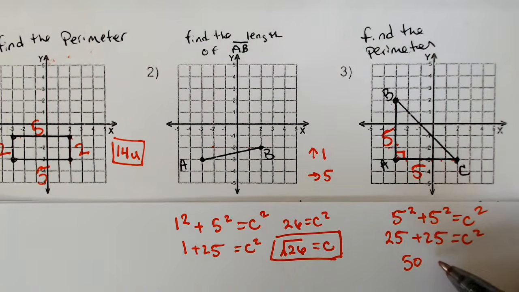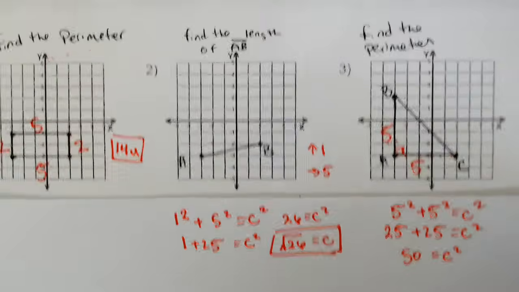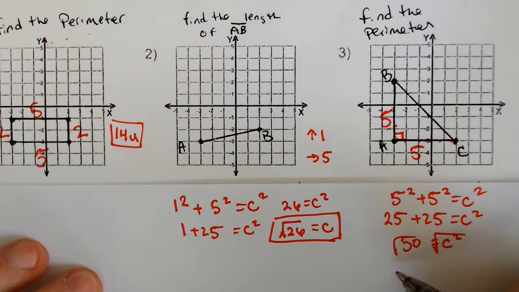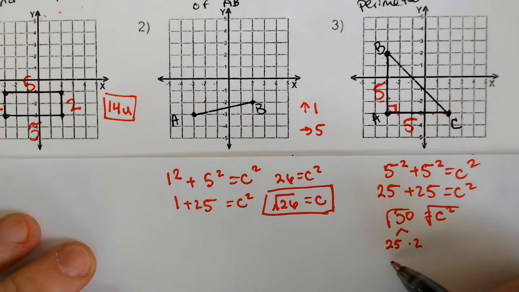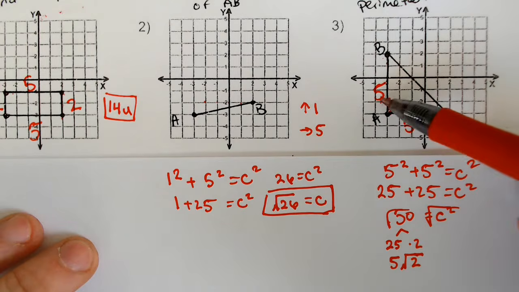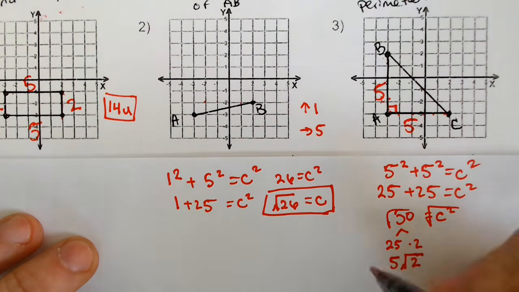And in this case, we are going to take that 50 and we are going to square root it. And we get, if you simplify the 50, it would really be 25 times 2. And the square root of 25 is 5, so this is 5 times the square root of 2. And you could write this answer in one of two different ways. You could write it as the 5 plus this, which would be 5 plus 5, 10, plus 5 square root of 2.